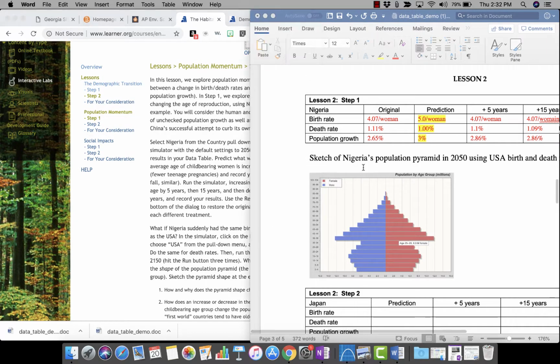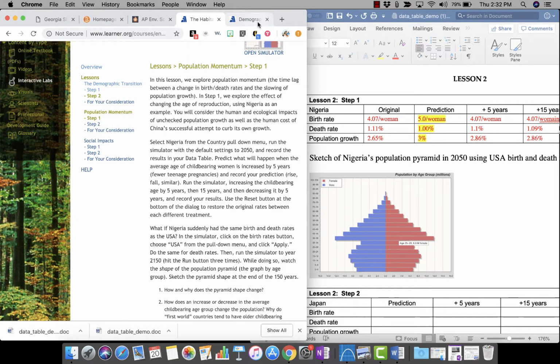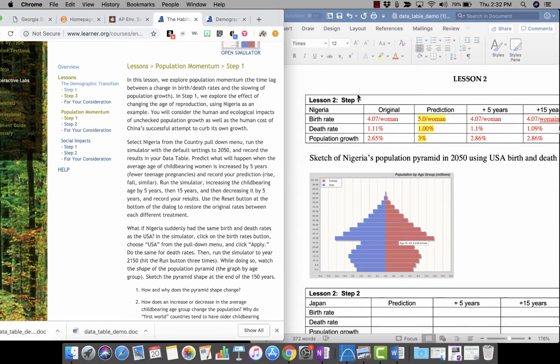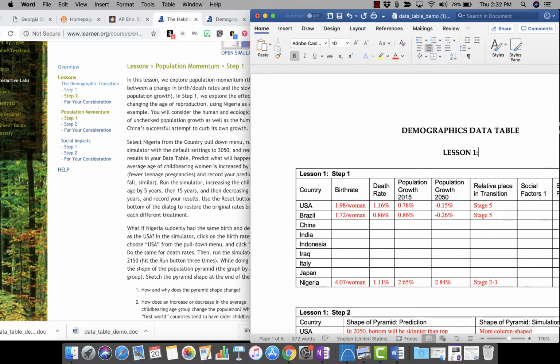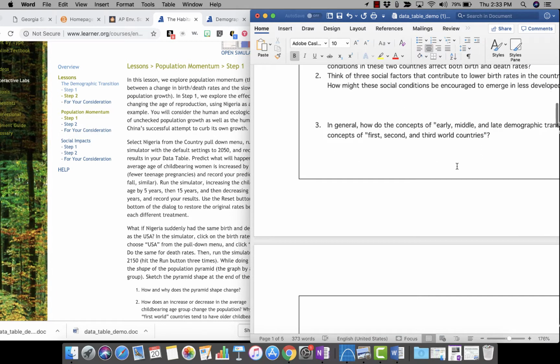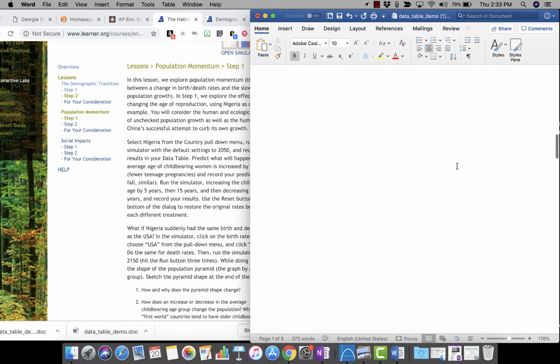Okay, so we were not doing that right. So this was the population momentum part. This is kind of confusing because on the website, demographic transition is lesson 1. So it's not like the steps.